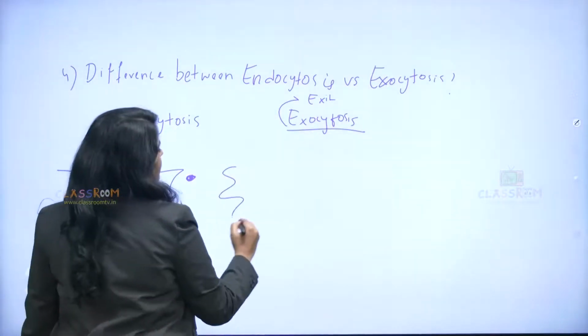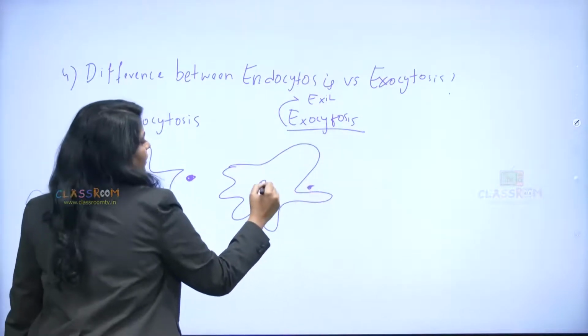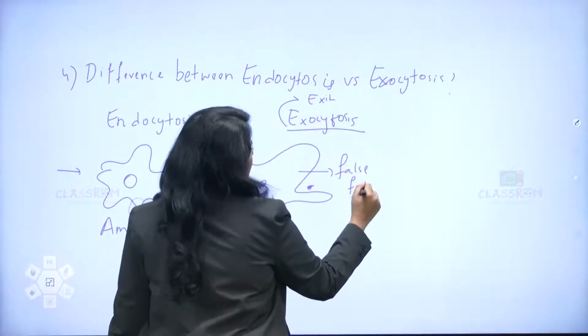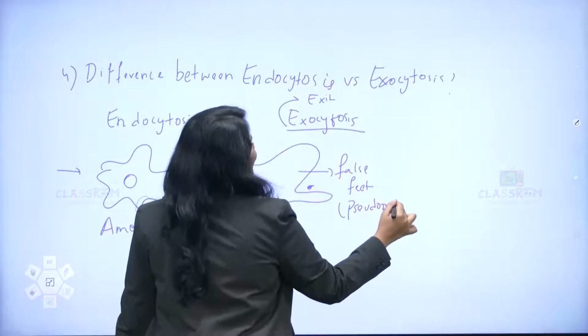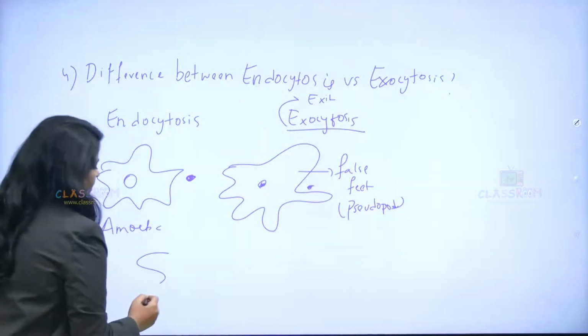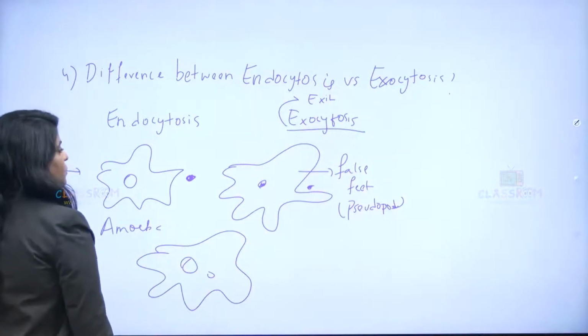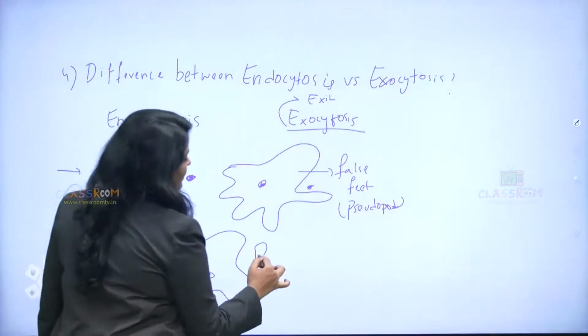So what it does is it forms pseudopods. Okay, so it forms false feet or pseudopods, and then it is going to engulf it completely. So endocytosis means the particle is entering inside the cell.